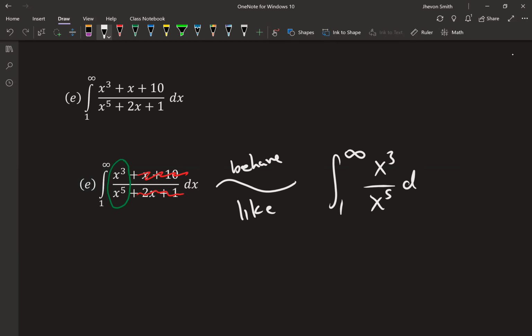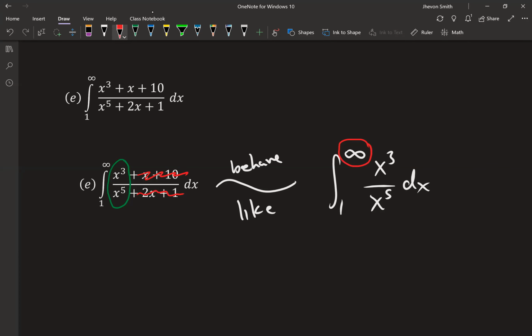Now, I cannot always do this. I just want to emphasize that. I can't always do this. I'm allowed to make this kind of leap in logic because of the infinity sign, right? Because I know my x's are getting huge.